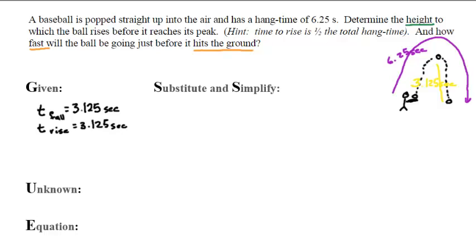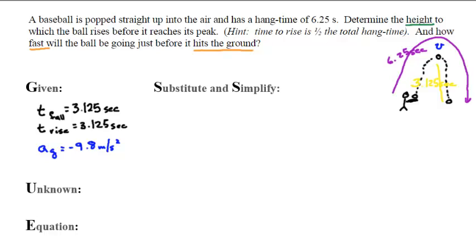And I got that information once again from hang time divided by 2. Next, I know that, at least in the y-axis, acceleration due to gravity is negative 9.8 meters per second squared.